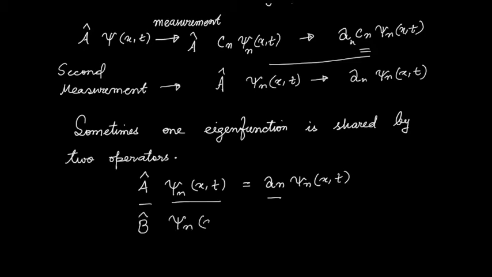But it is also an eigenfunction of the operator B in some cases. Maybe it's the mth eigenfunction of the operator B, the same function. So let me not distinguish here, because it's the exact same function, an eigenfunction of two different operators. It can so happen.